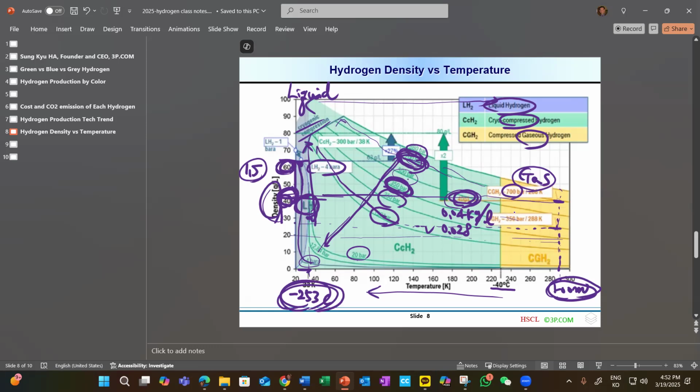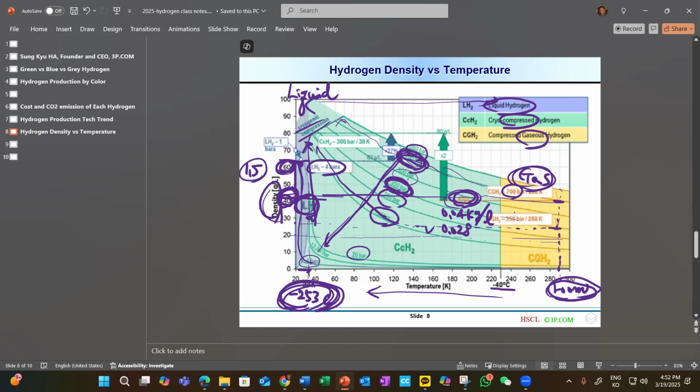So insulation is a big problem, and we have to waste some hydrogen to keep this low temperature. With current technology, the cost to keep this low temperature is more expensive than compressing the gas.